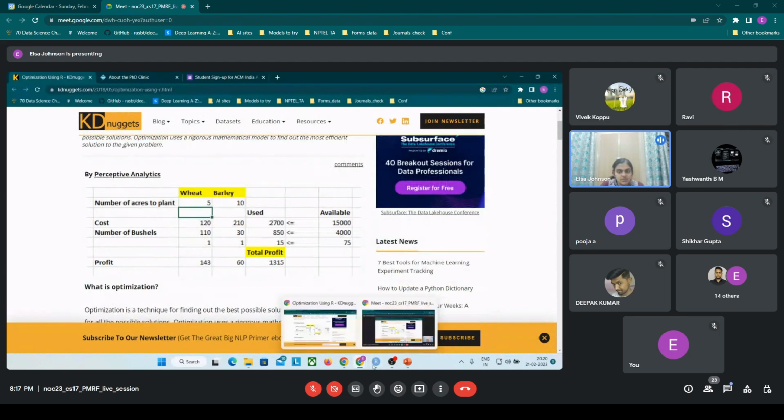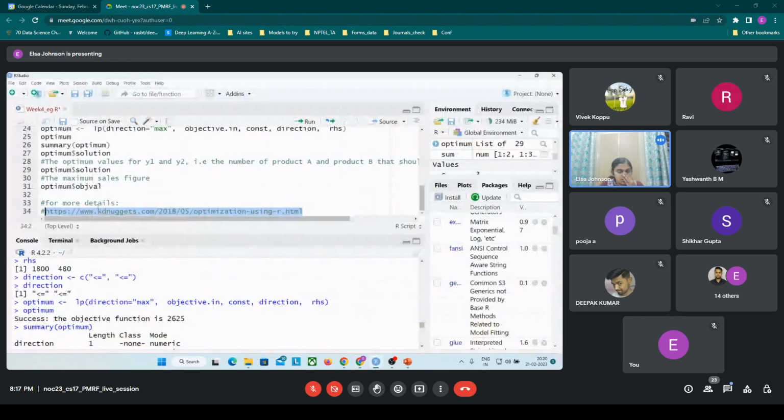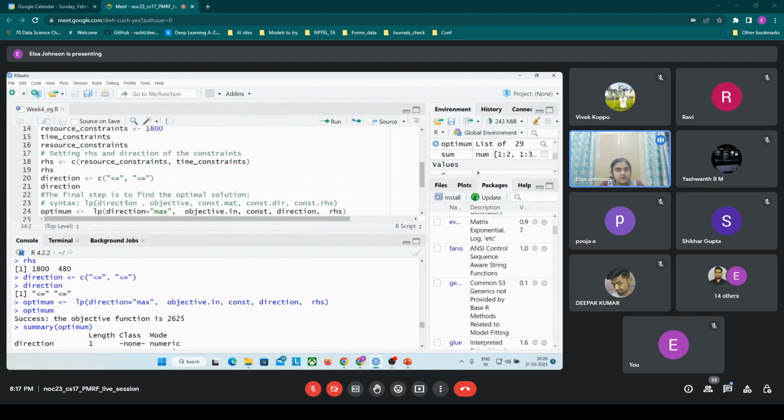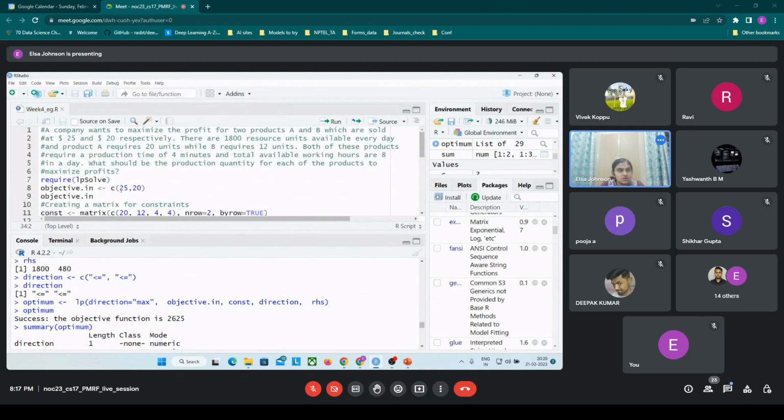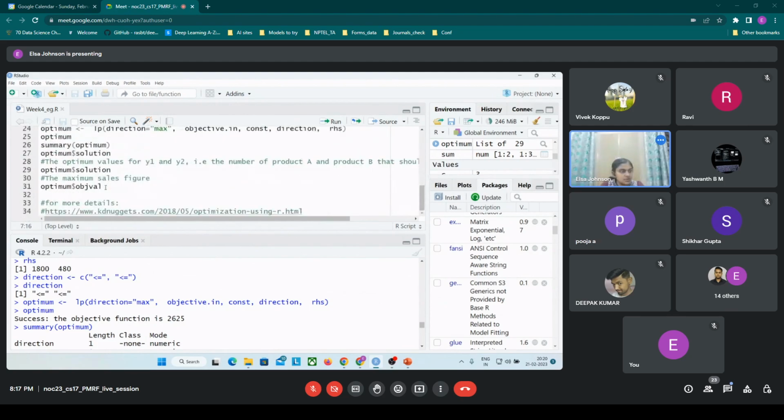This is one example, and using this you can solve most of the problems. Usually you can solve the initial steps and you can find the eigenvalues using eigen. If you want to solve a linear optimization, then you have to install this library and you can use the rest of the things.